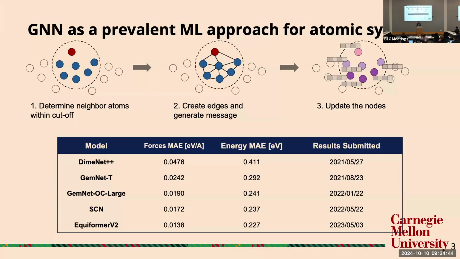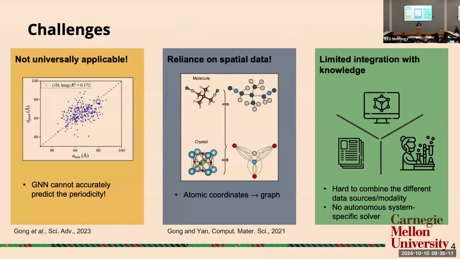We have seen a tremendously large amount of effort on developing models, starting with the CGCNN and then moving toward DimeNet++ and then GemNet. As you can see, in the history from 2021 up to 2023, we have seen great progress in reducing the amount of error that we are getting with graph neural networks. However, there are still challenges existing.